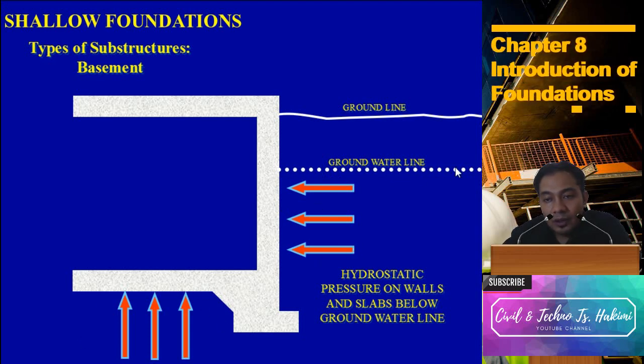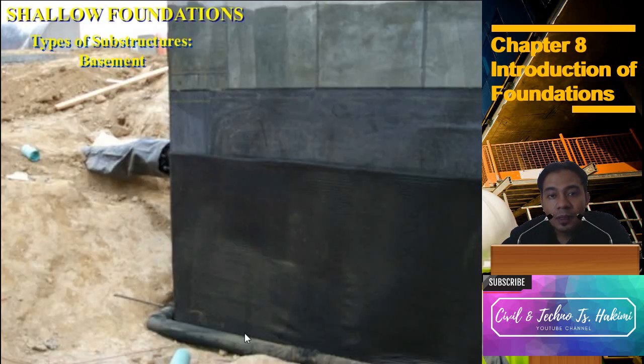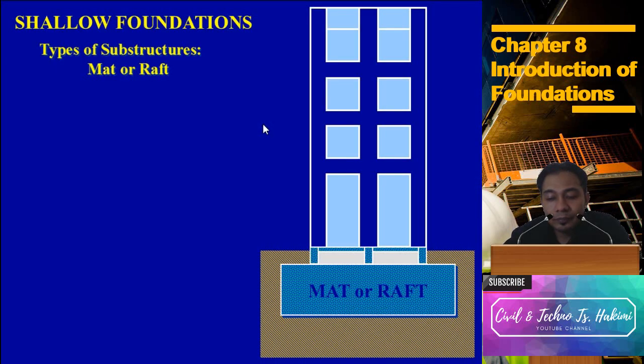When we have the water table here, hydrostatic pressure will be produced here, so when we design the basement, we need to consider the hydrostatic pressure. As you can see here, this is the membrane to prevent water from penetrating the wall.